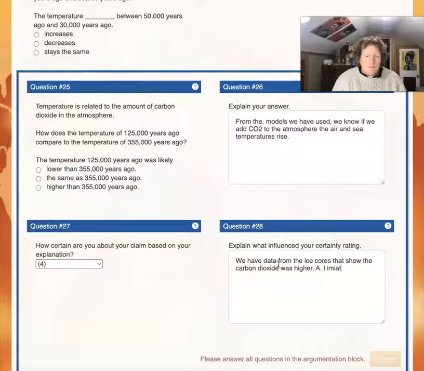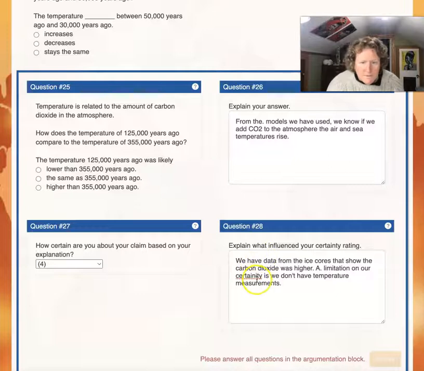A limitation on our certainty is we don't actually have temperature measurements. Whatever temperature measurements there are, the temperature measurements are inferred from the carbon dioxide.